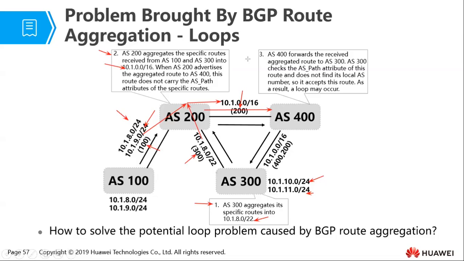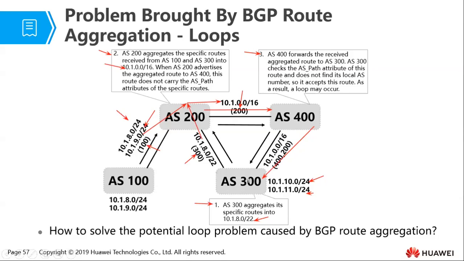And therefore, at number 3 here, when AS400 forwards the received aggregated route to AS300, AS300 checks the AS path attribute of this route and does not find its local AS number. So it accepts this route. As a result, a loop may occur.